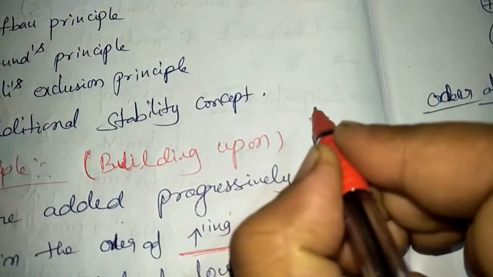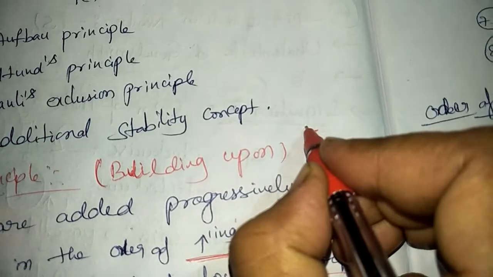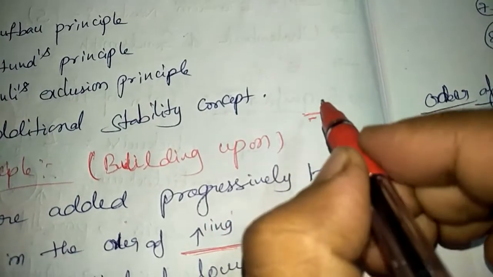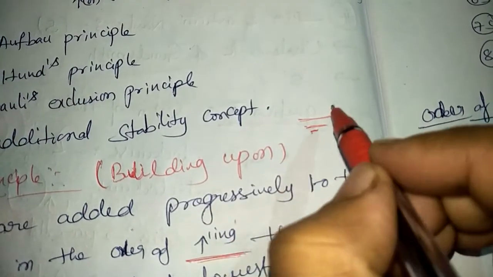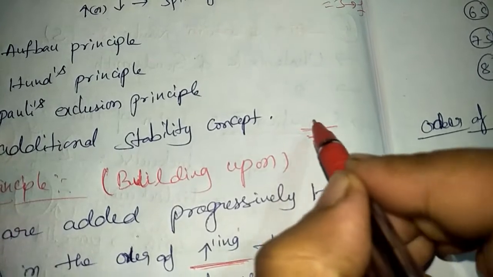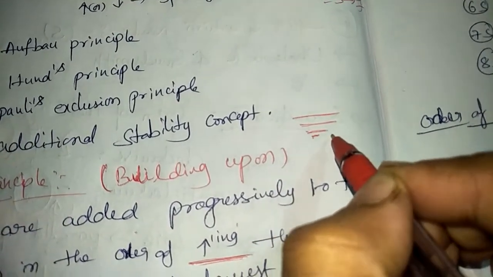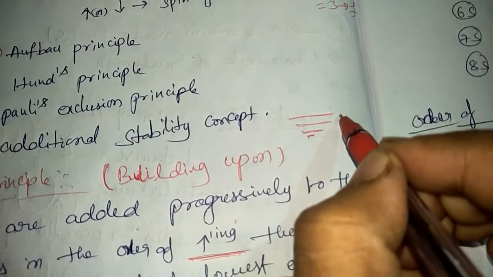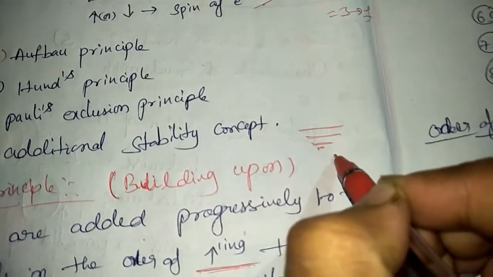This is the lowest energy orbital. Next, after filling this orbital, the electron enters into the next higher energy orbital. After filling this orbital, the electron enters into this higher energy orbital. Like that, the energy of orbital is increasing.